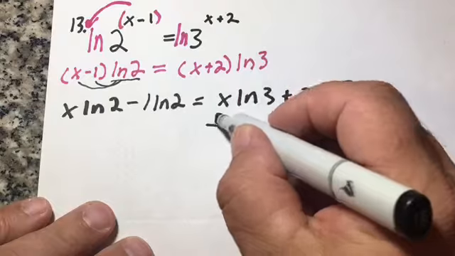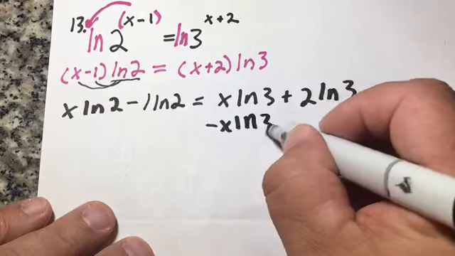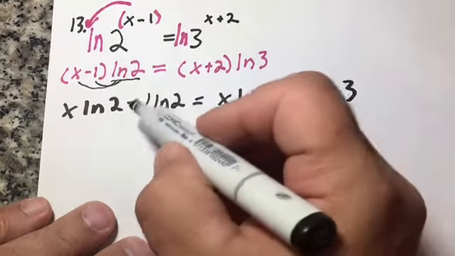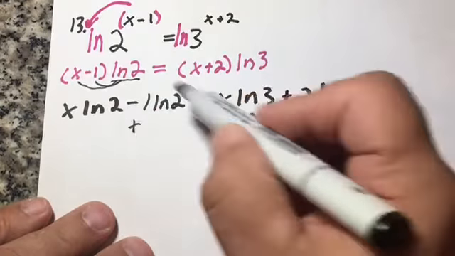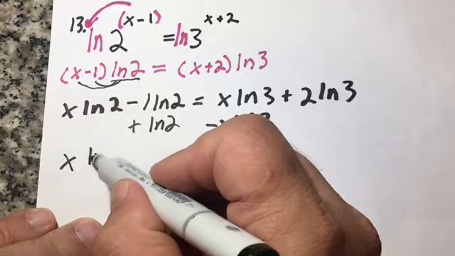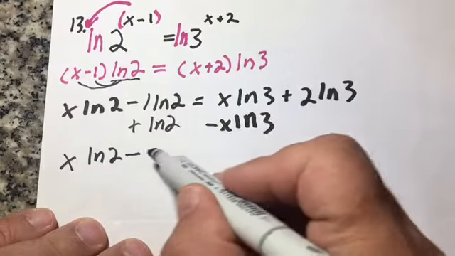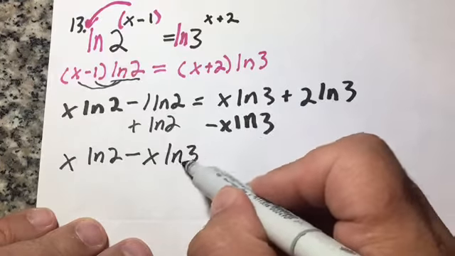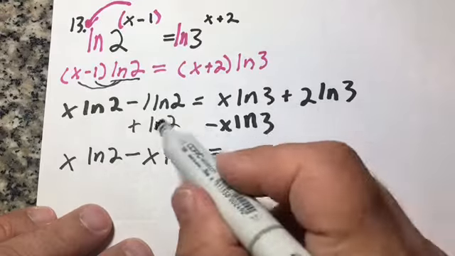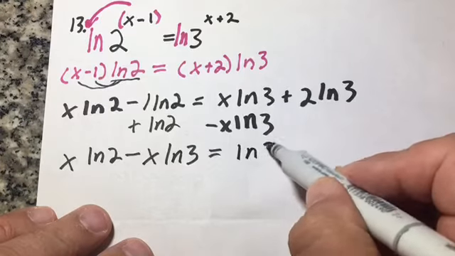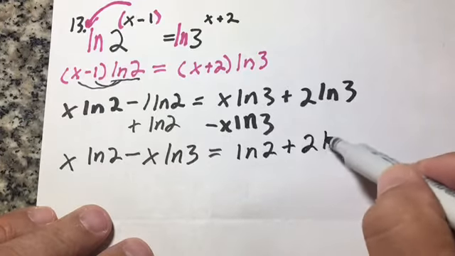So I'm going to subtract x ln3 from both sides. And I'm going to add the 1 ln2 to both sides. That's going to give me x ln2 minus x ln3 equals ln2 plus 2 ln3.